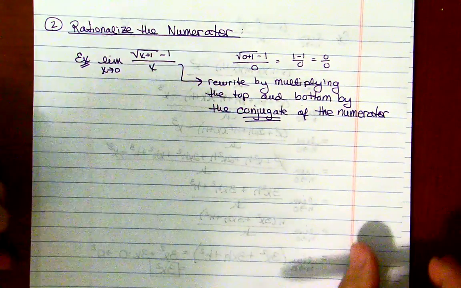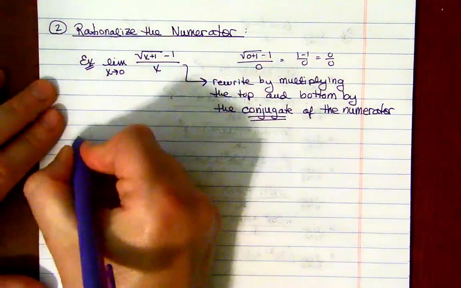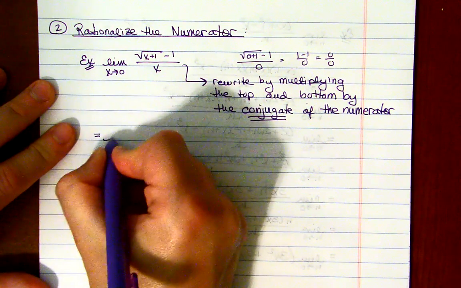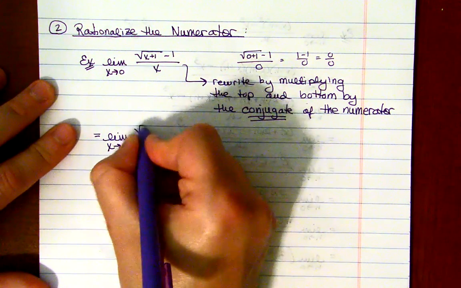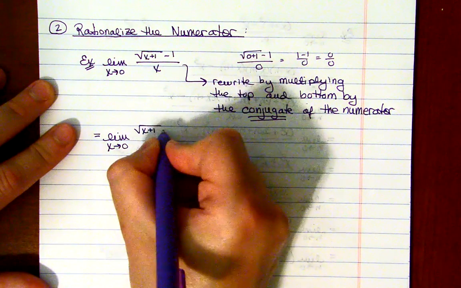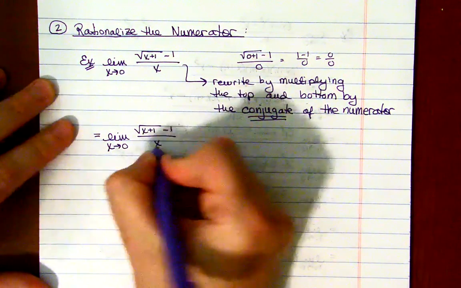I'm going to rewrite this thing by multiplying the top and bottom by the conjugate of the numerator. So this problem is going to equal the limit as x approaches 0 of the square root of x plus 1 minus 1 over x.